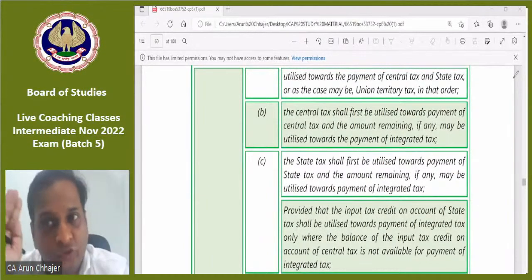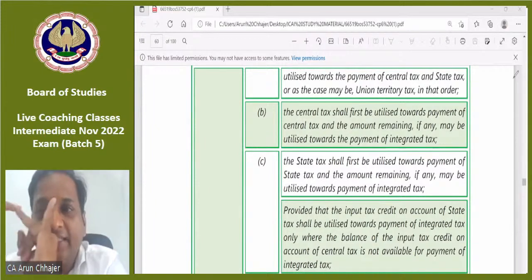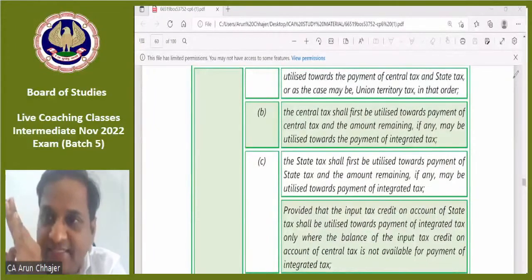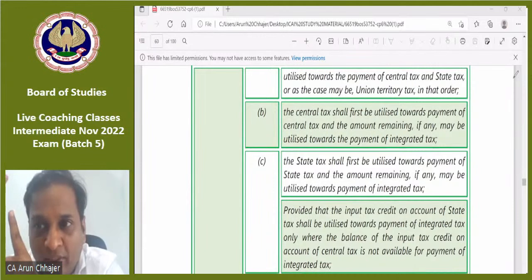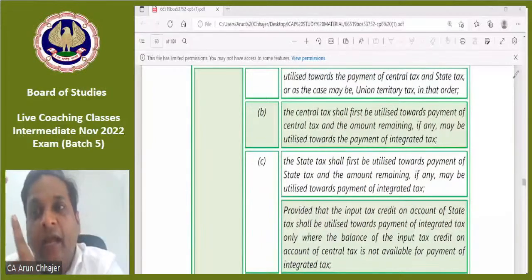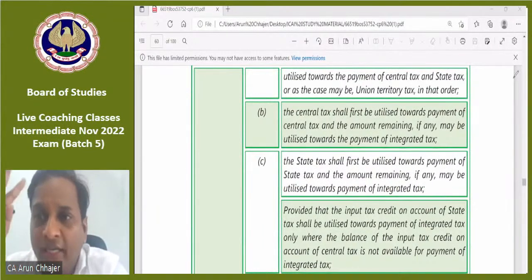So what we have discussed: CGST has tax liability, SGST has tax liability, IGST has tax liability. If IGST has ITC, first it will be allocated towards the IGST tax liability, and if there is any excess, it can go in any order, in any manner.